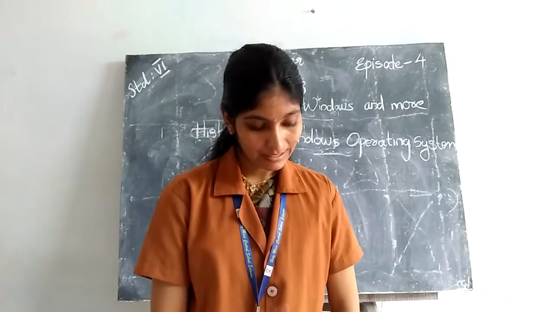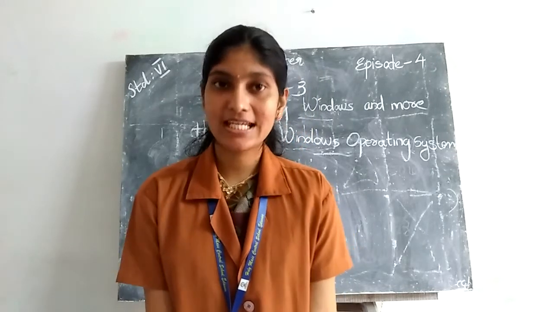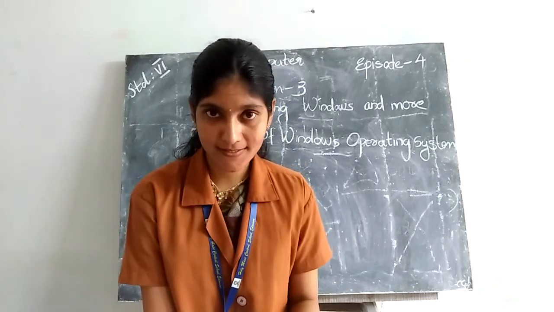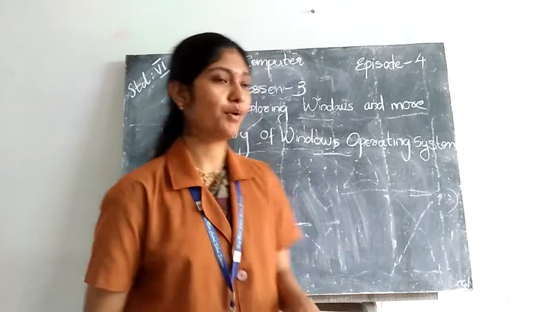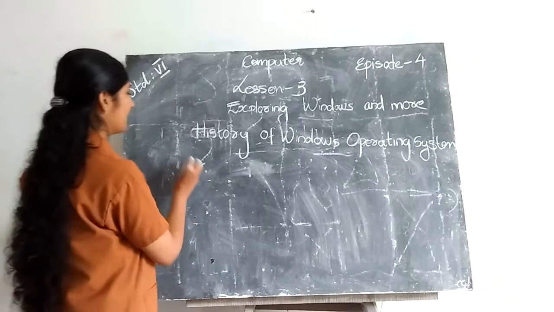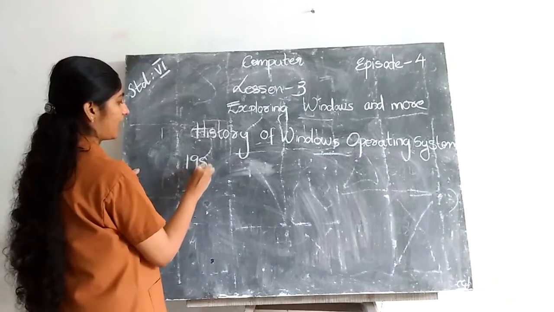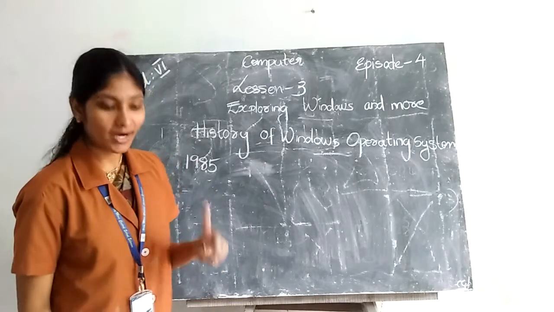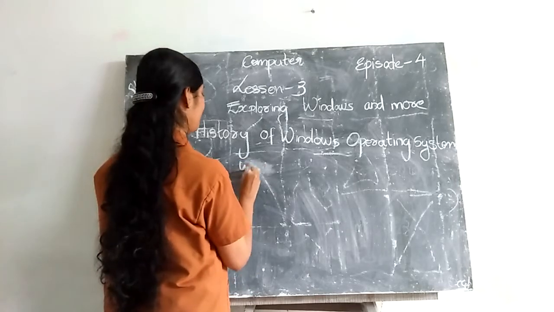In 1985, Microsoft developed Windows version 1.0. So in the year 1985, they came with an operating system, Windows 1.0.